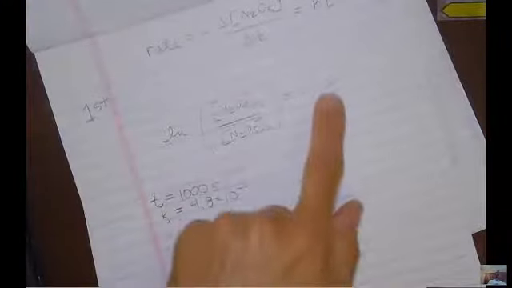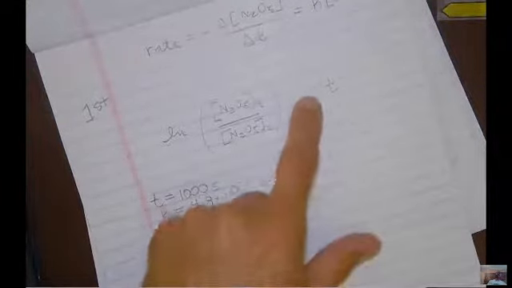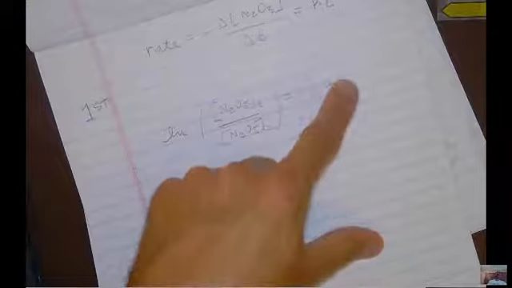Those two go right here. They have reciprocal units, so they cancel out, and I'm going to get something dimensionless on this side. And what concentration did I have? The initial amount of N2O5 at time equal to 0 was 0.1.